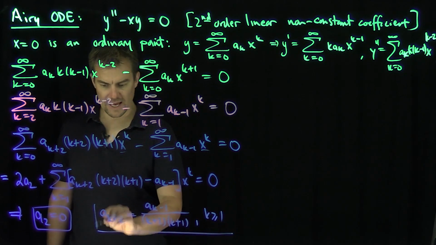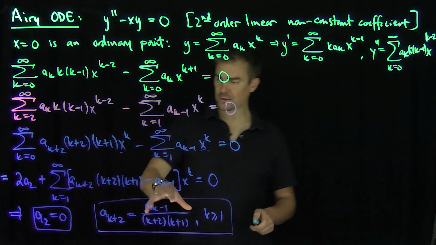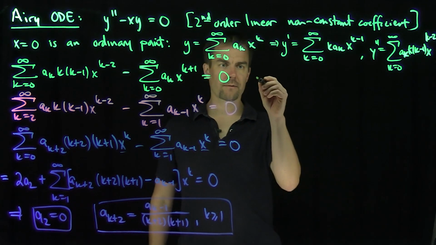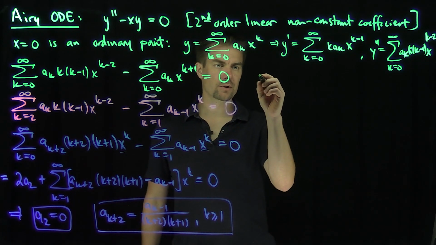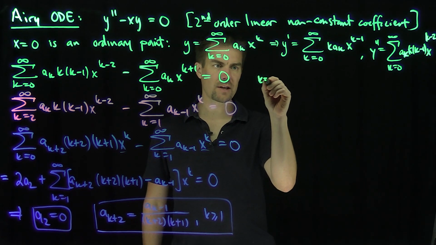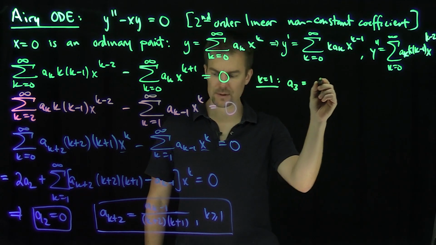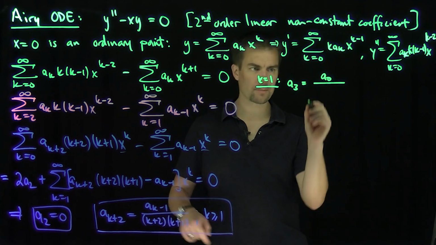So now I have two classes of solutions. First, let's look at the class that starts with a_0. When k is equal to 1, we're going to have a_3 is a_0 over 3 times 2.